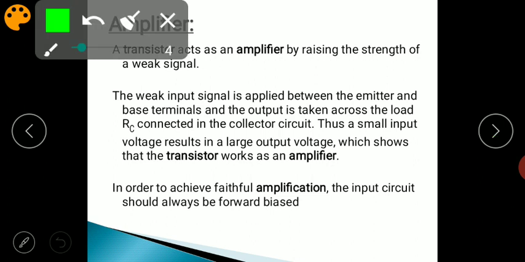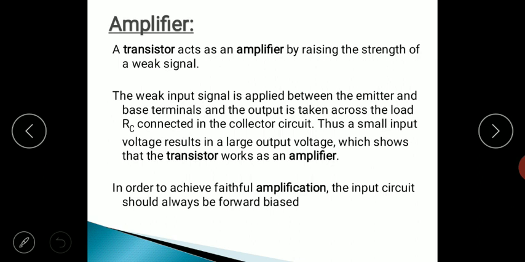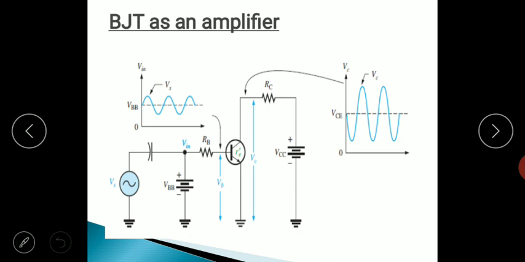Next, we are going to see how the transistor can be used as an amplifier. So this is very important from your examination point of view and also from the understanding point of view. You can see here I have used a transistor which is connected in common emitter configuration. Why it is called as common emitter configuration?